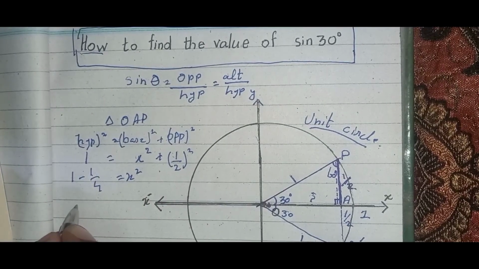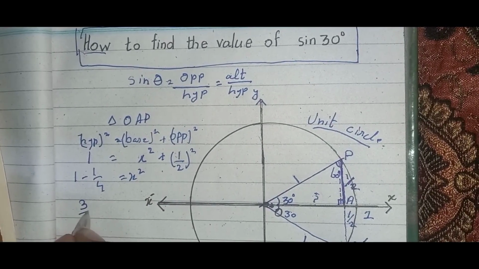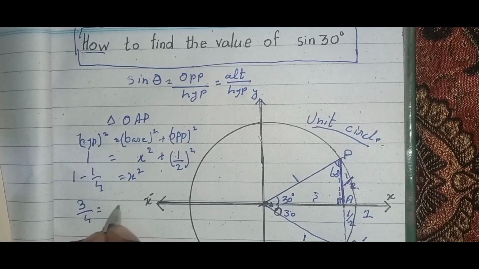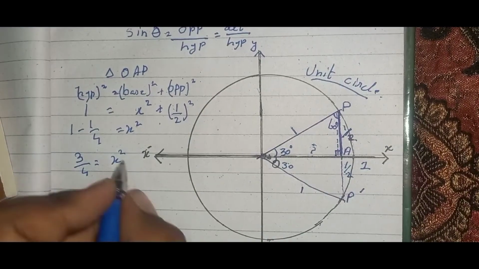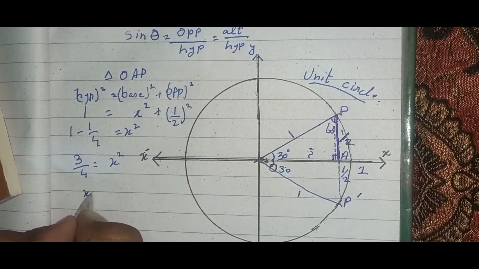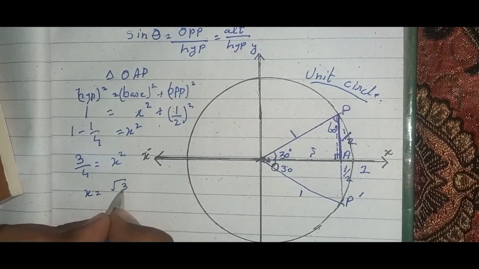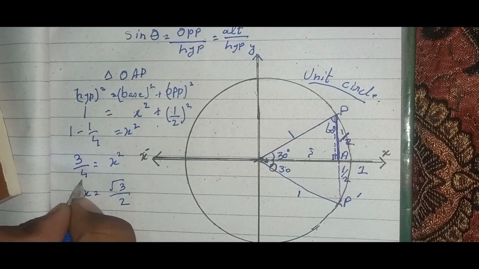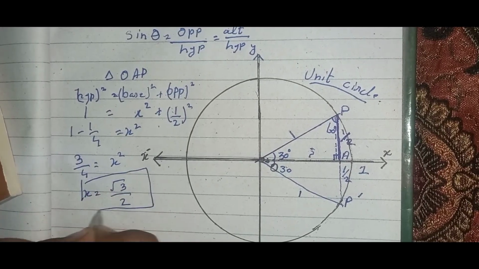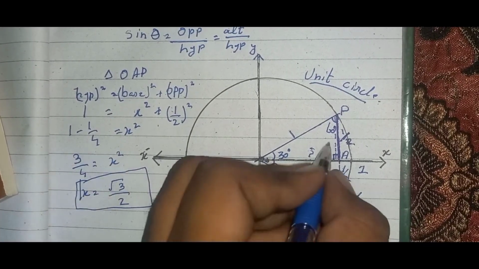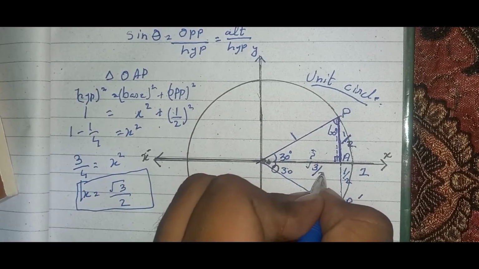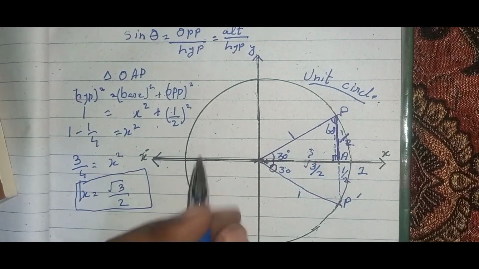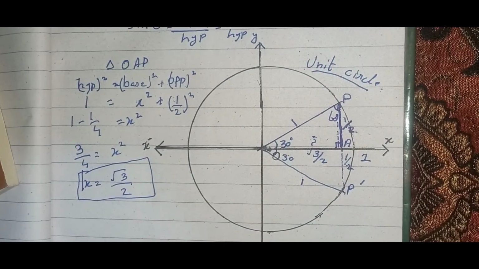So this is 3/4, which is equal to x square, and x is equal to square root 3/2, plus minus square root 3/2. This is the value of base, square root 3/2.